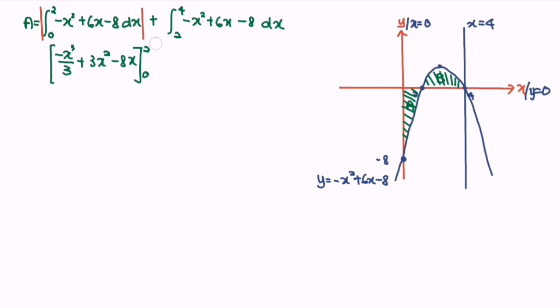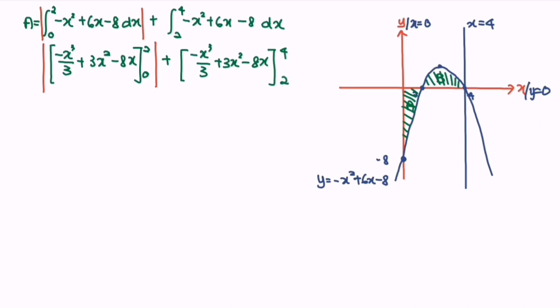Do remember to add on the modulus sign. Plus, for the second part, same as well for the integral, negative x to the power of 3 over 3 plus 3x squared minus 8x for the limit 4, 2.